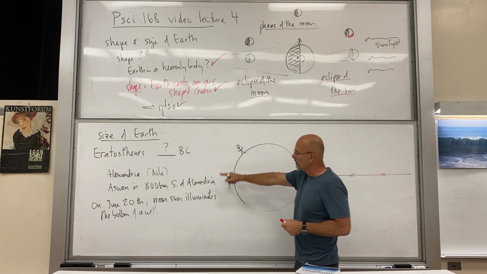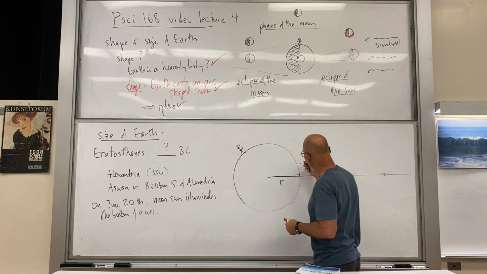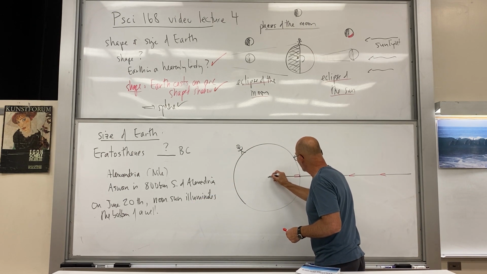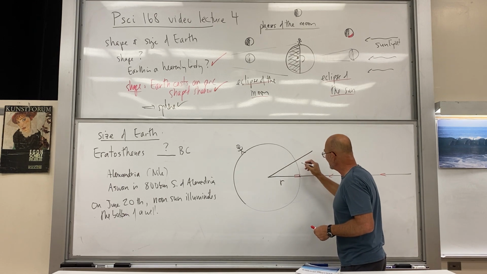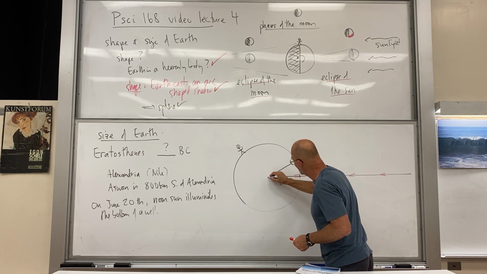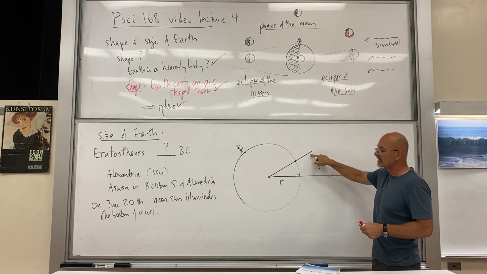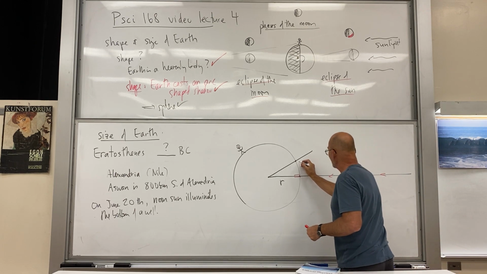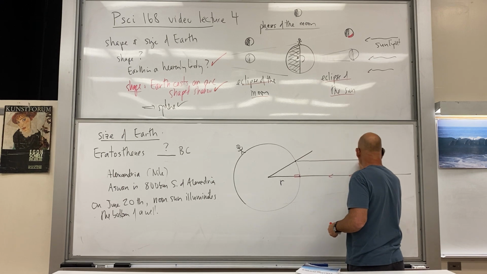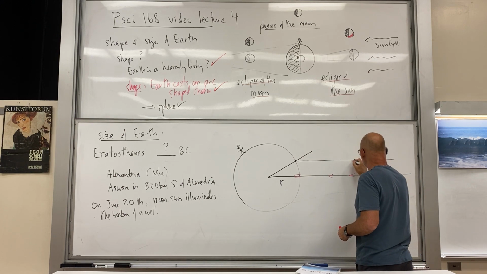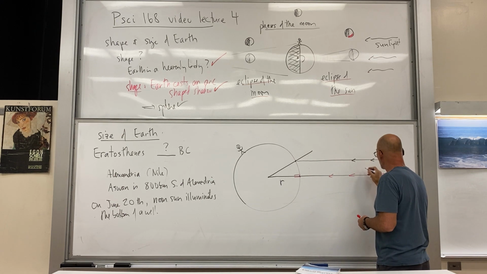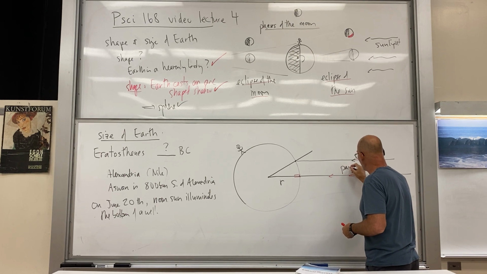So Eratosthenes reads about this in a book, and he's in Alexandria. Alexandria, we're going to say, is right here. And straight up and down is this line I've extended. And the sun coming in at noon is coming in from here. So these are parallel rays.